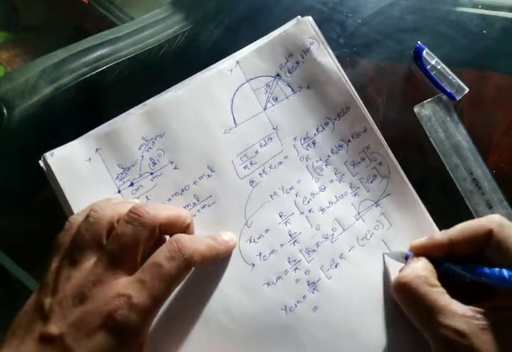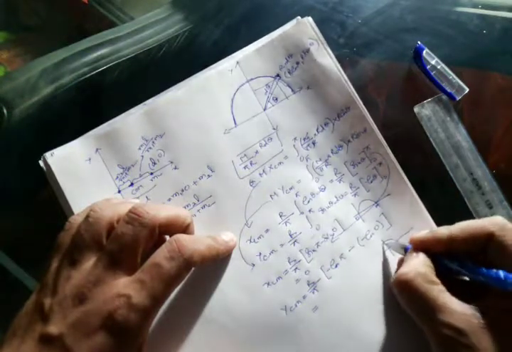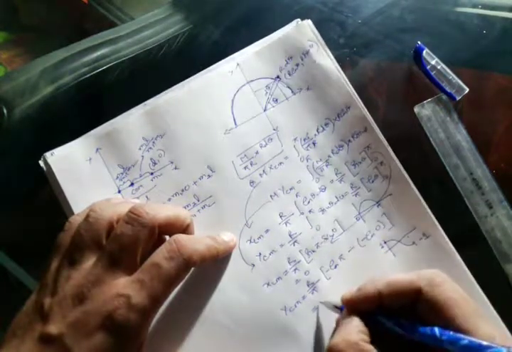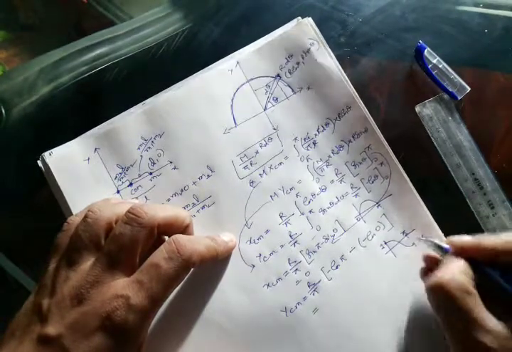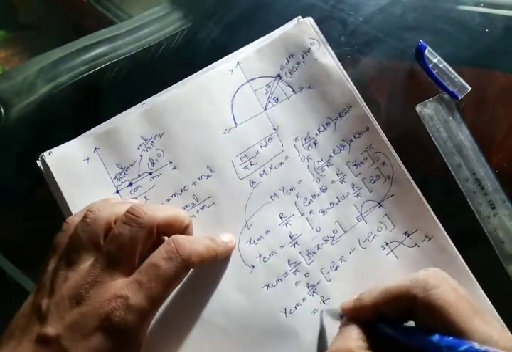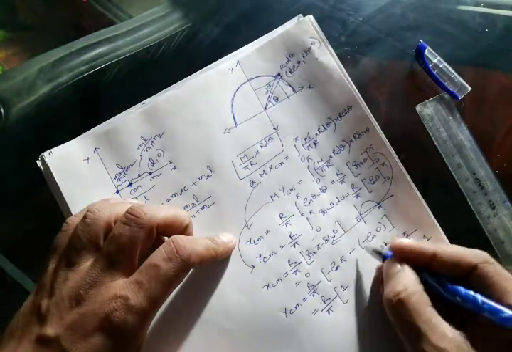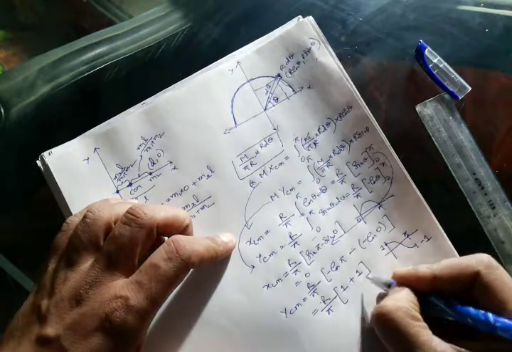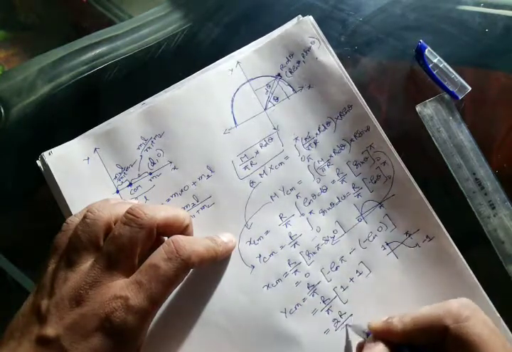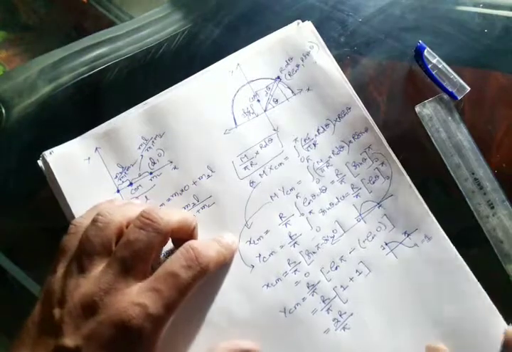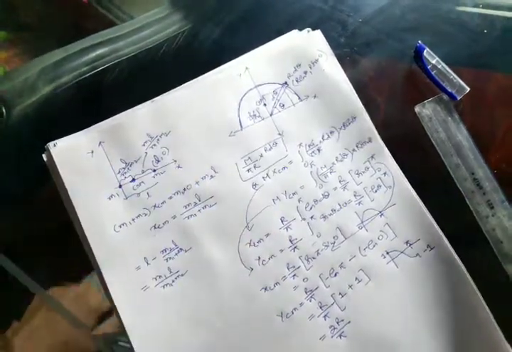As we know, cos 0 is 1 and cos pi is minus 1, so this would be r over pi times 1 plus 1, which is 2r over pi. So somewhere here at a distance of 2r over pi is the center of mass for this semicircular ring.